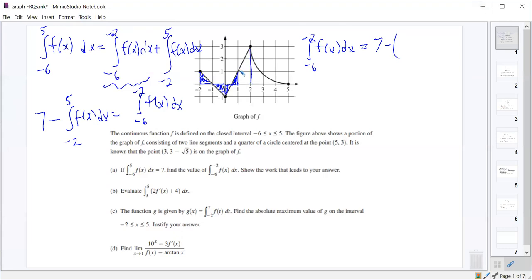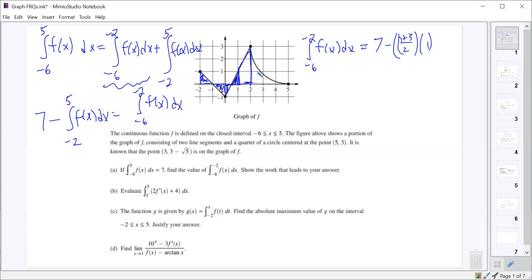All right, this section here, which is just this trapezoid that I'm outlining, we should be able to find by doing base 1 plus base 2 divided by 2 times the height, which is 1.